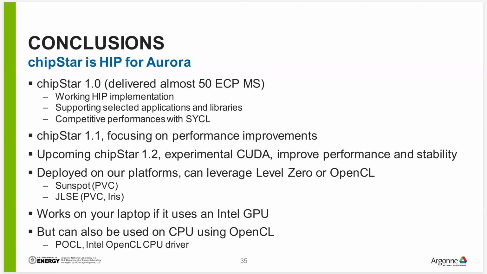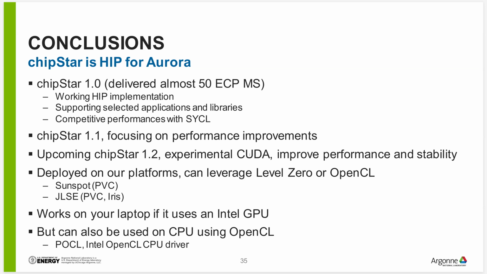So a bit of conclusion here. chipStar for Aurora. We delivered chipStar 1.0 for ECP. For those of you who were with us on the ECP project, this was 15 milestones with all the partners involved, a working HIP implementation with support for selected applications and libraries, and competitive performance with CUDA. So these were our objectives.